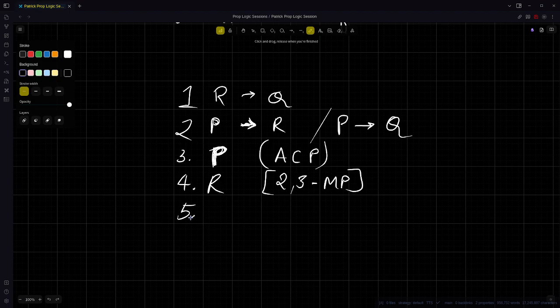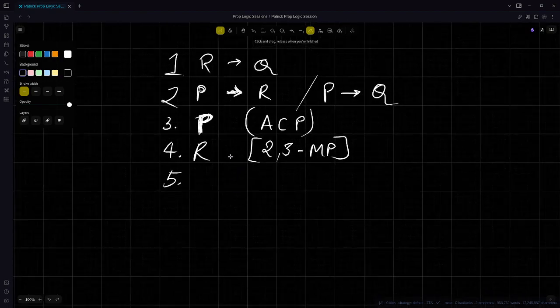Can we just assume R as well? We don't need to assume R. From this assumption, it already follows. All right, so then we can do another modus ponens.